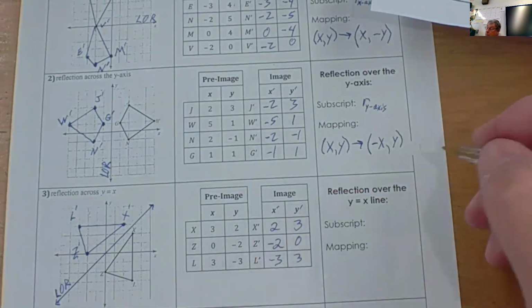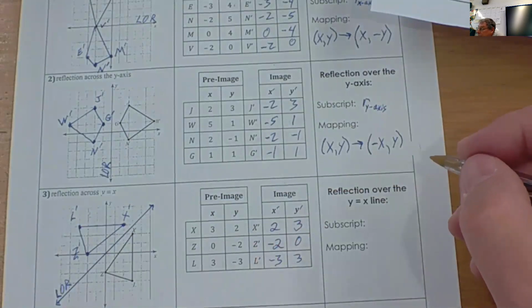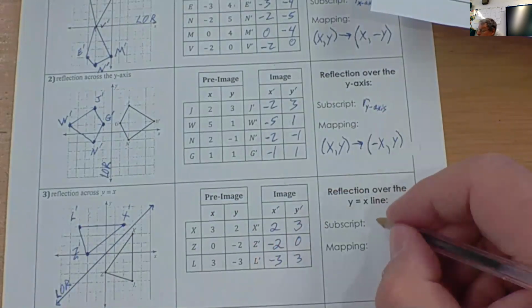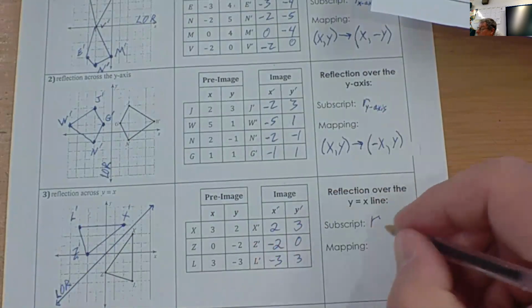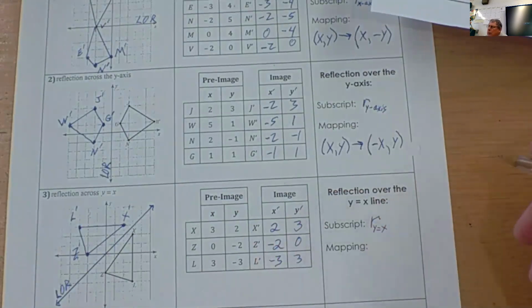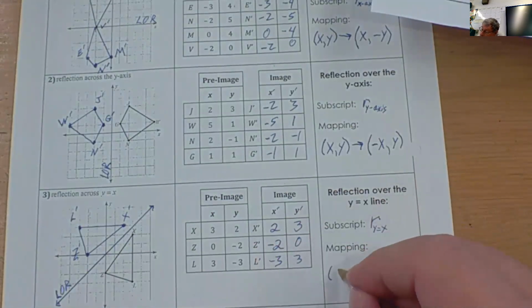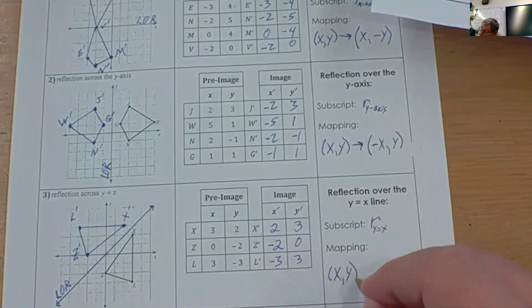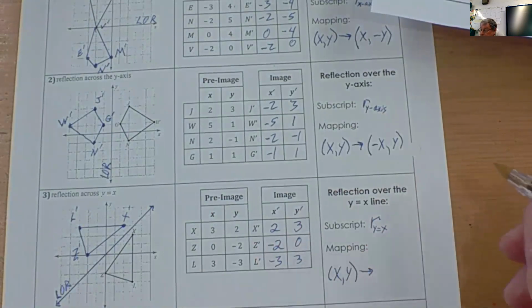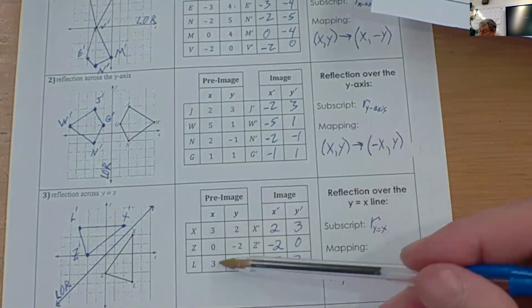Okay. So let's make our observation so we can figure out what happened so we can write a mapping. First off, we reflected over the line y equals x. There's our subscripted form, our notation. Our mapping, well, we're going to map the ordered pair x, y onto, well, look at that.